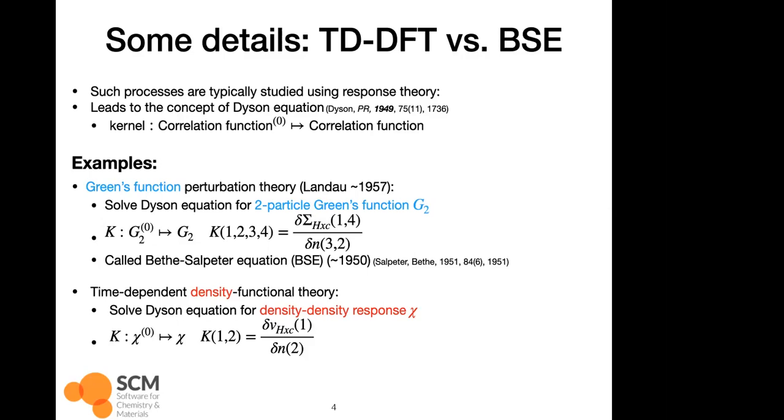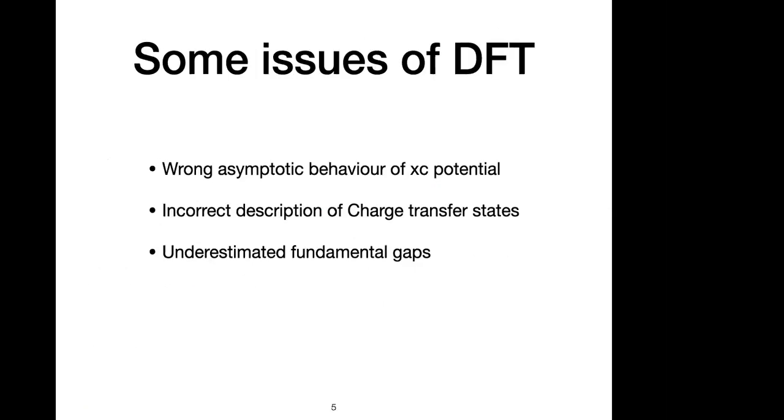Well, TDDFT has some issues. These are 3 which are kind of relevant to the description of excited states. So there's a wrong asymptotic behavior of the exchange correlation potential, right? So we do not decay as 1 over R. And this typically leads to an incorrect description of charge transfer states. And, well, they're all closely related, right? And typically we have also massively underestimated fundamental gaps.